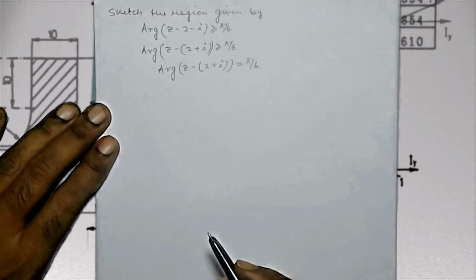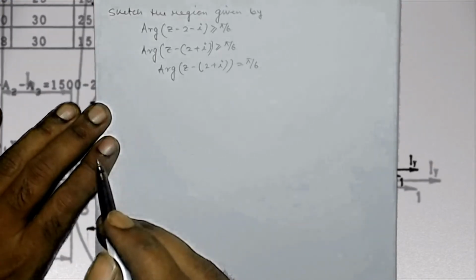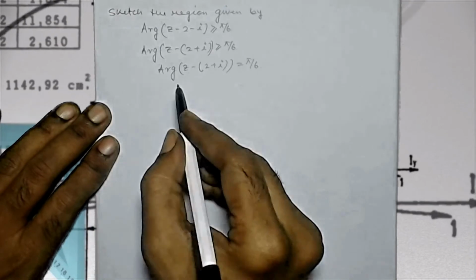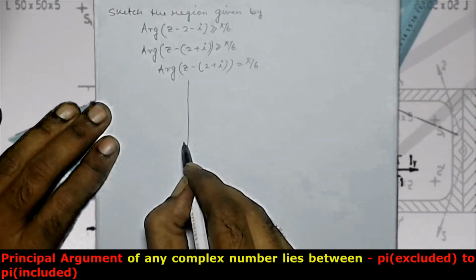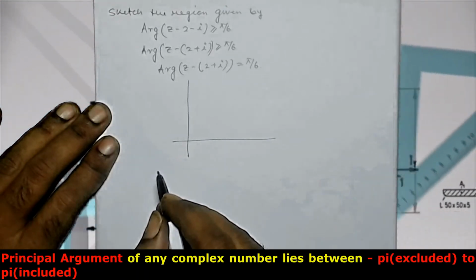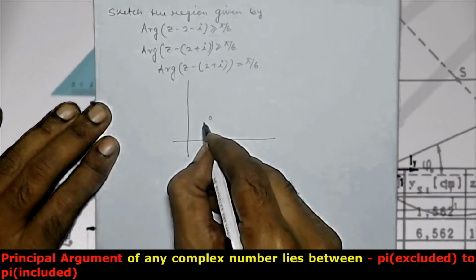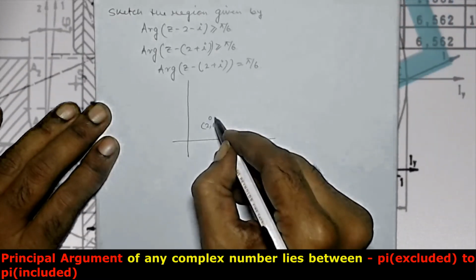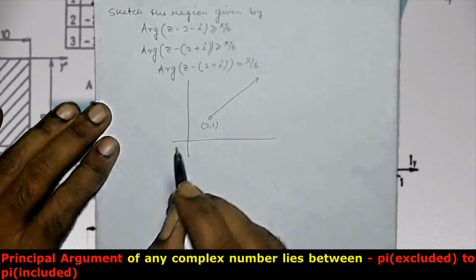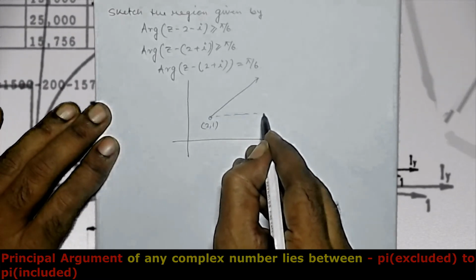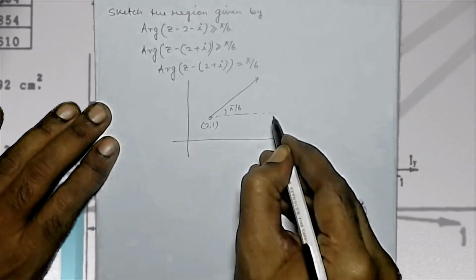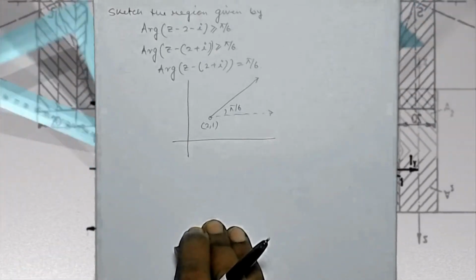What does it mean? Where does this z is located on the complex plane? Here z is basically lying on the ray emanating from the point 2, 1 and making an angle pi by 6 with the positive direction of the x-axis, right?